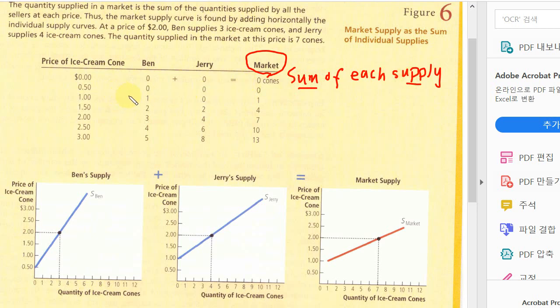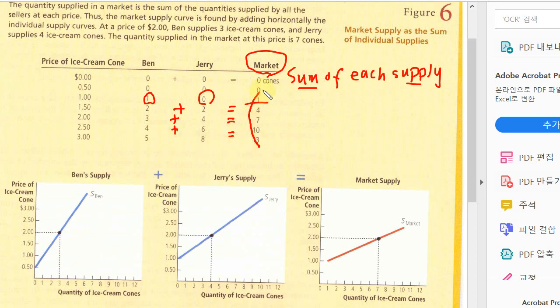So you simply add up each supplier's supply: 2 plus 2 is 4, 3 plus 4 is 7, 4 plus 6 is 10.